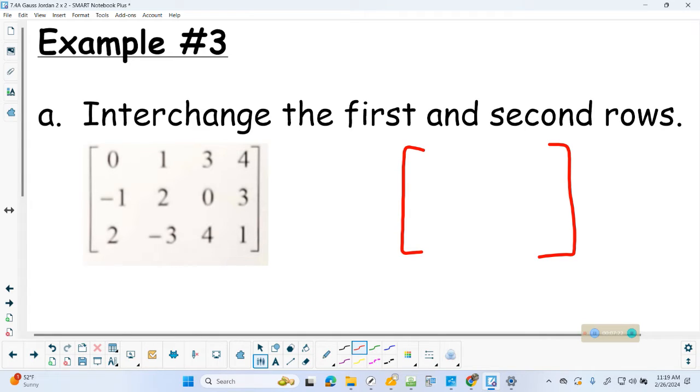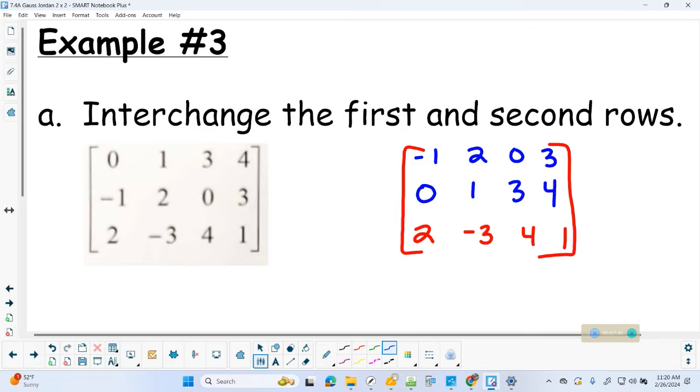Row 3 is staying where it's at. All right, what's your top row? And then our middle row. That is how you interchange 2 rows. I know, it's very exciting stuff here. Yeah, working our way up in baby steps.